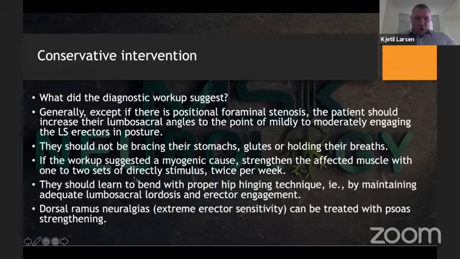The patient should learn to bend with proper hip hinging technique. Now, this may not be so important if you're treating someone who's not that active. But let's say you're dealing with someone who has low back pain when they're deadlifting or squatting, or athletes, or someone who has a very active lifestyle. It's very important that the patient is able to avoid ab bracing excessively and able to keep their low back erectors engaged when they're bending.